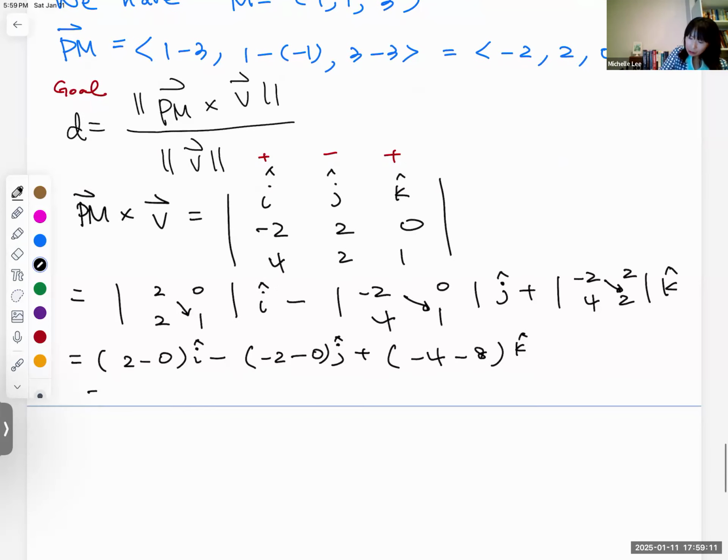So that would be 2 i hat plus 2 j hat minus 12 k hat.